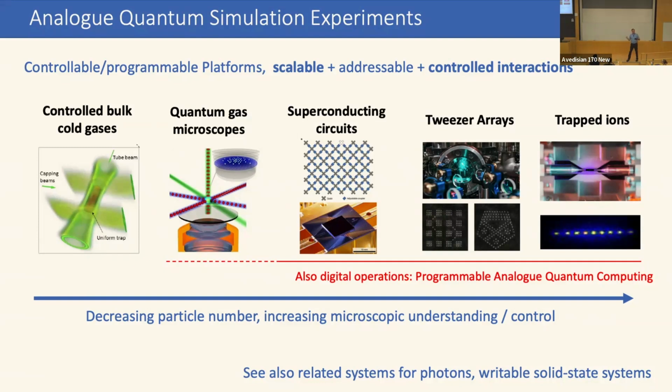Especially in the case of the AMO systems, we know what the underlying Hamiltonian is really from first principles. We can go from a first-principles understanding of the atomic physics and derive the Hamiltonians for the many-particle systems under well-controlled approximations. This leads very nicely into studying those Hamiltonians in a highly controlled way with those experiments.